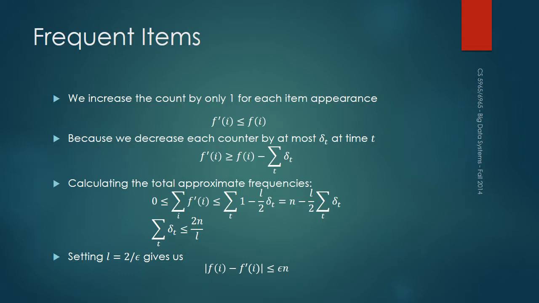Because half of them will be. So if this is L, I'm subtracting from L over 2 delta t. That's the amount I'm subtracting. We're separating from the remaining also, right? Why are you taking only L over 2? Because delta t I'm reducing from all the frequencies, which is present on this is the minimum. This is comparing to f prime of i, all the ones that existed out here.